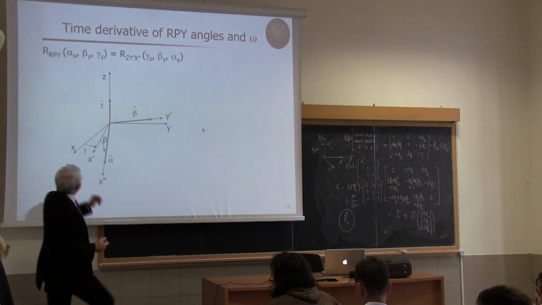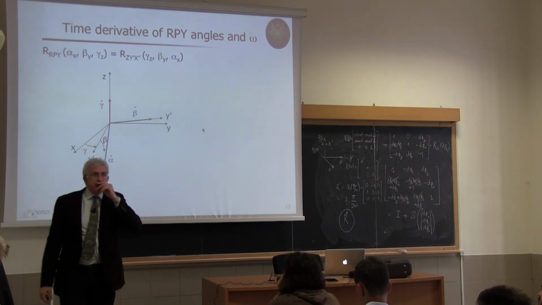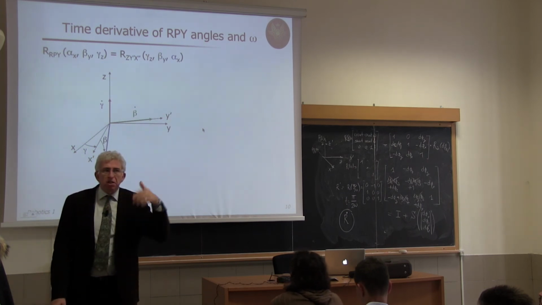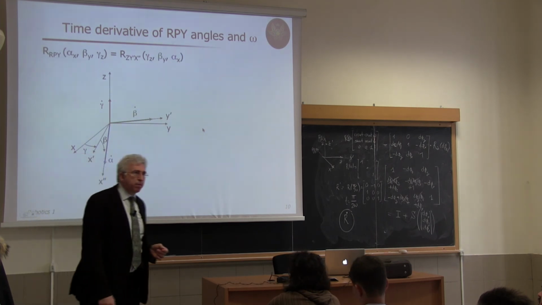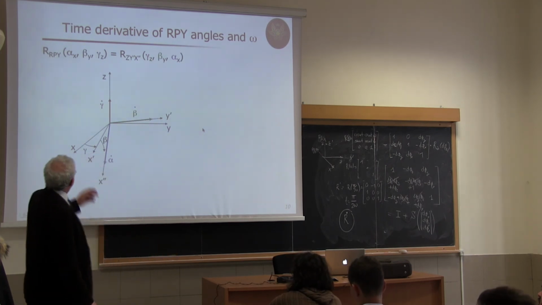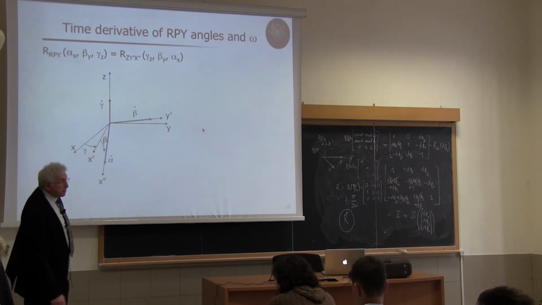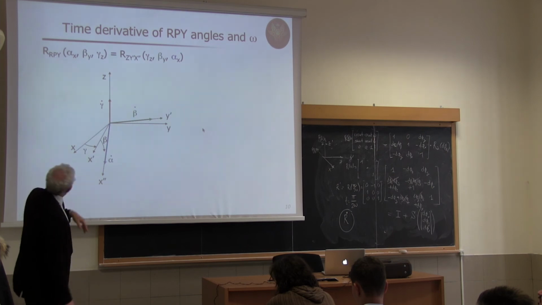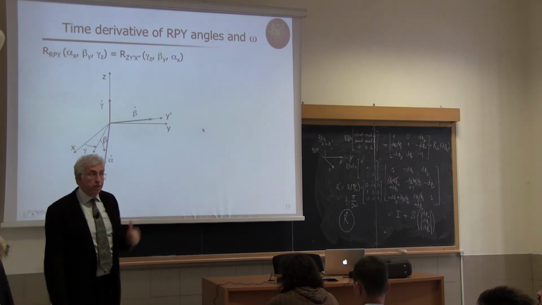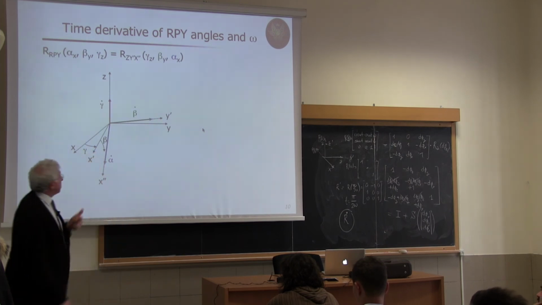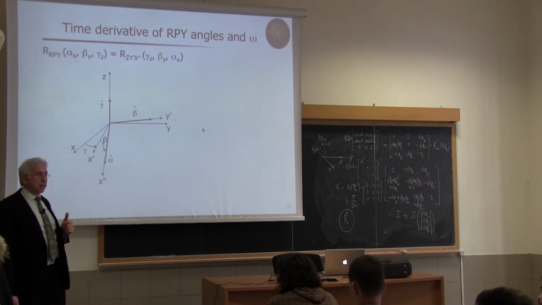First step. Remember, now we want to make a sequence around fixed axes x, y, z. So this is a roll pitch yaw, a fixed axis type of sequence. First an angle alpha around the fixed x-axis, then an angle beta around the original fixed y-axis, and then an angle gamma around the original z-axis.